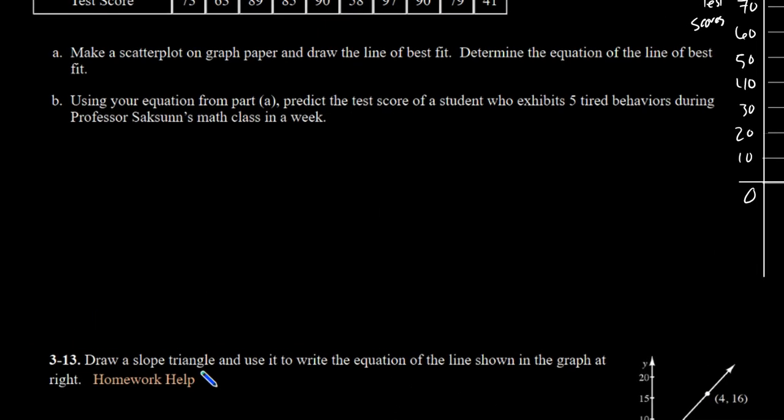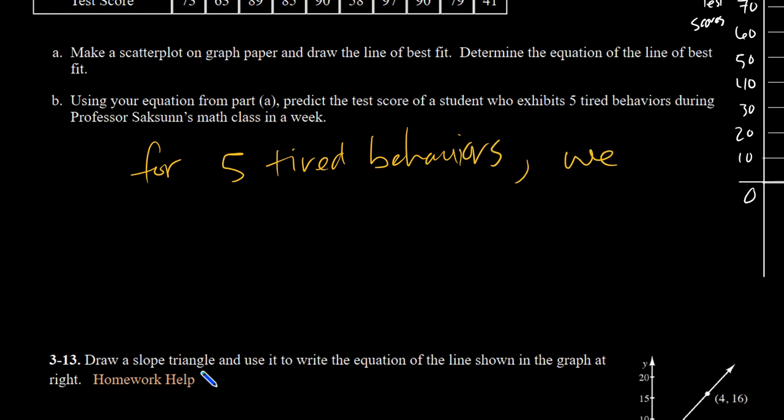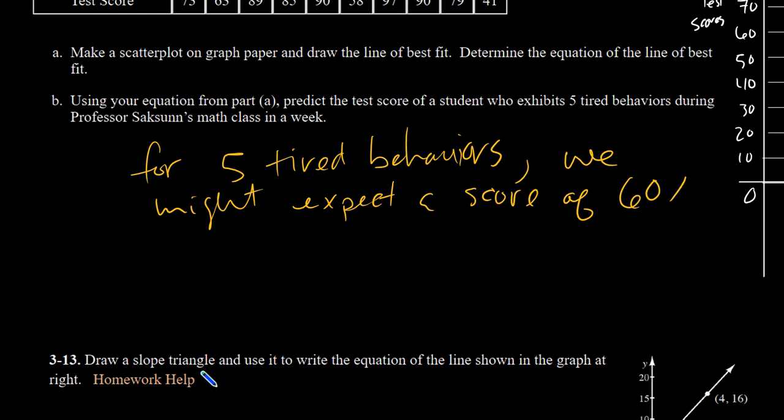But I'm predicting that for 5 tired behaviors, we might expect a score of 60%.